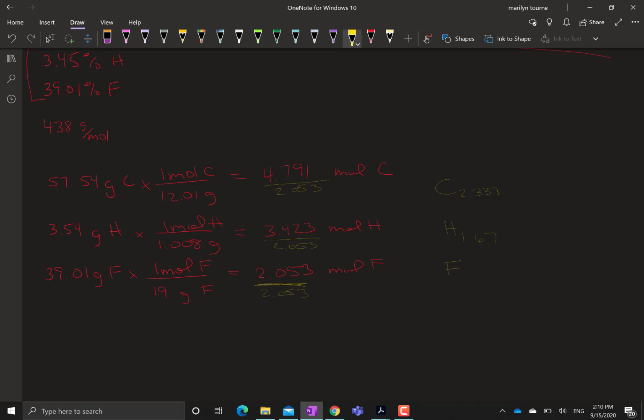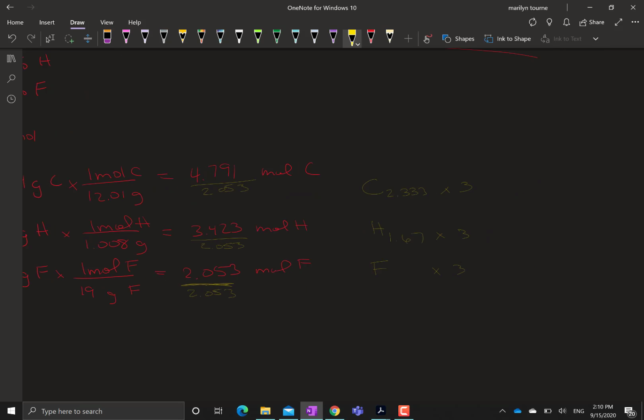So if you think about it, if you multiply this times 3, this times 3, and this times 3, carbon is equal to 7. Hydrogen, 1.67 times 3, is equal to 5. And of course, 1 times 3 for the fluorine is equal to 3.